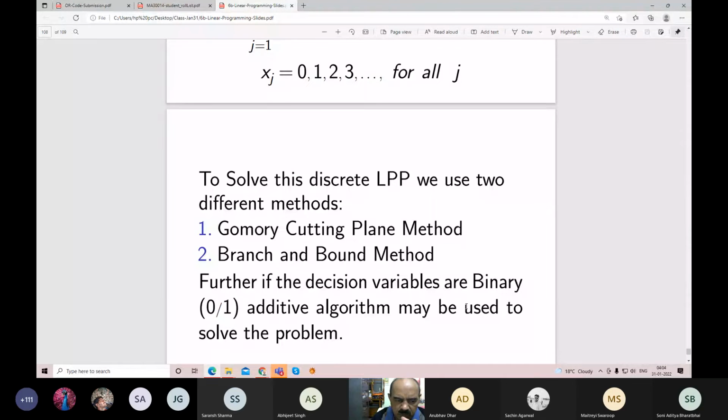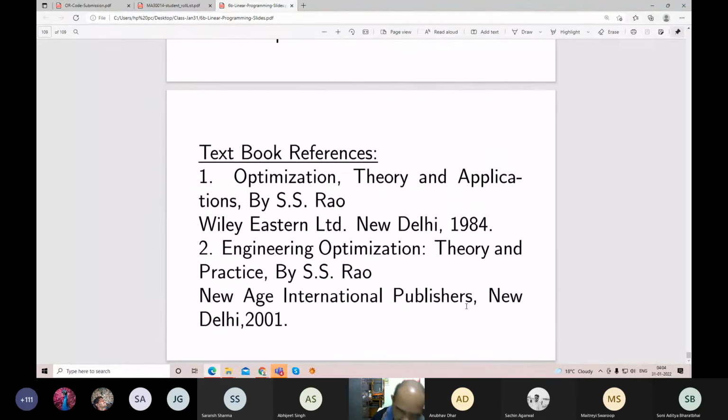We'll discuss that. And for the references, the first book is Optimization Theory and Applications by S.S. Rao, and Engineering Optimization by S.S. Rao. And there is also Linear Programming by Gass. Also you can use this.